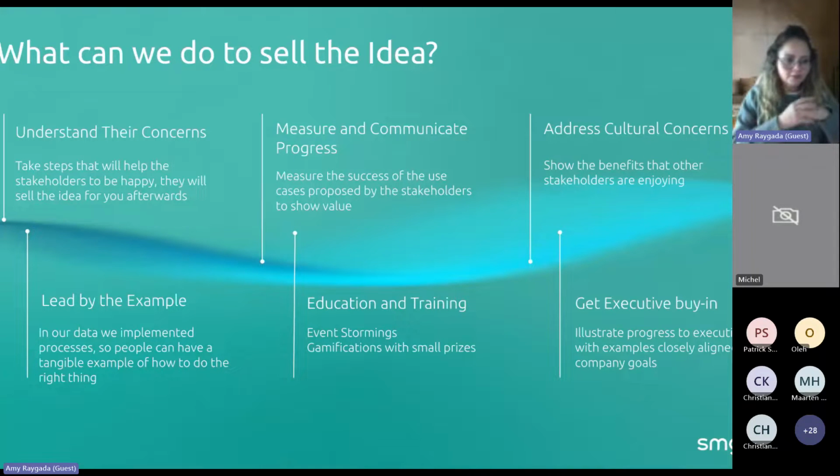Lead by example. In our data department, we implemented all these processes, and when we show them how to do the right thing, we are not pushing them anymore. Actually, we implement this in our department, because since we are a data platform, we also take care of the central functions of our company. So for example, HR.